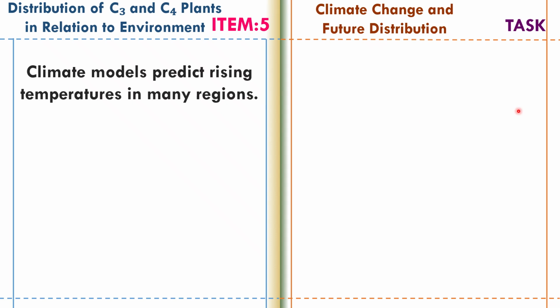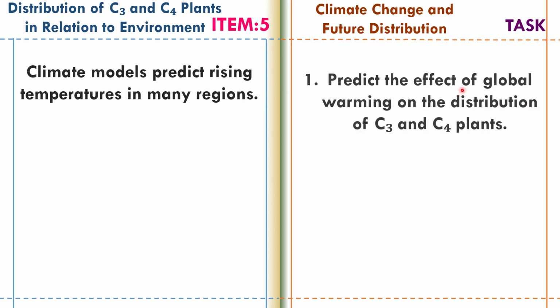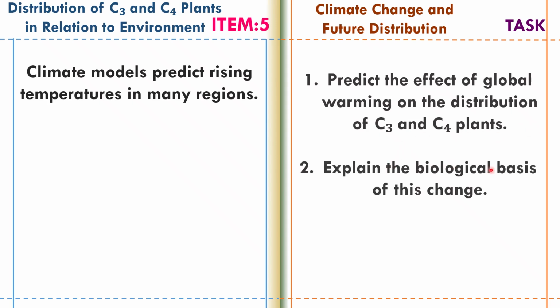Task: predict the effect of global warming on the distribution of C3 and C4 plants. Explain the biological basis of this change. Suggest agricultural adaptations.